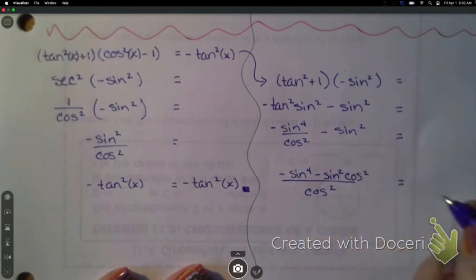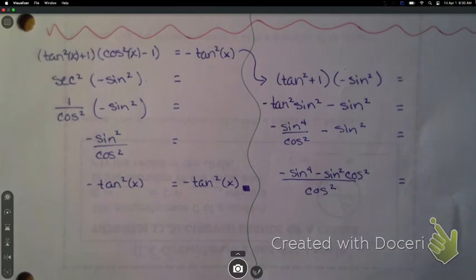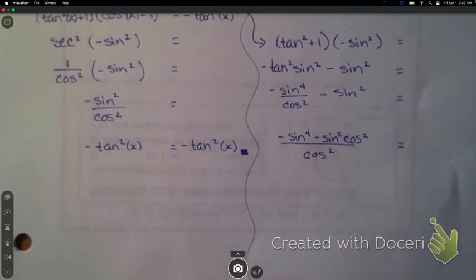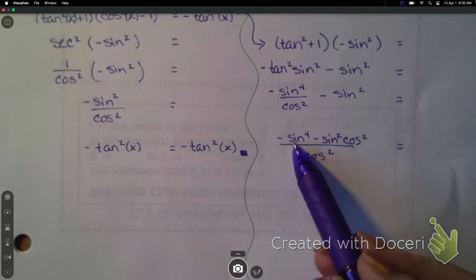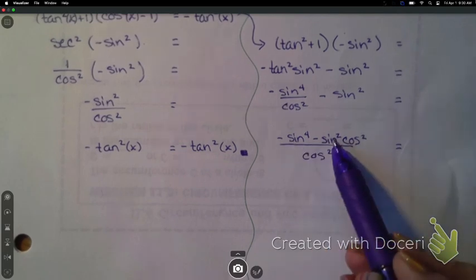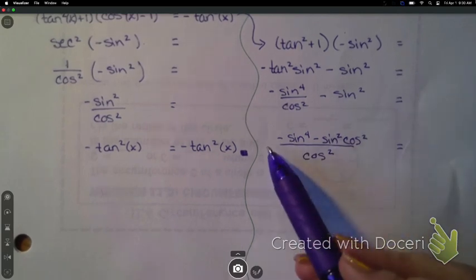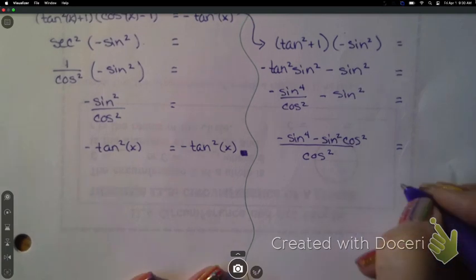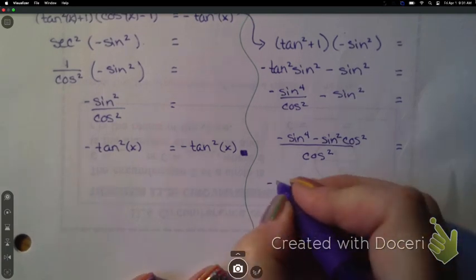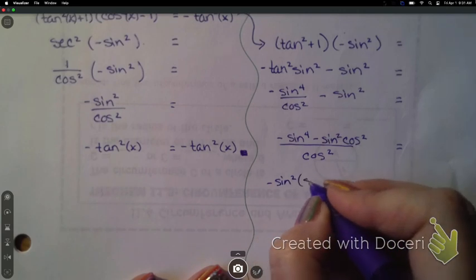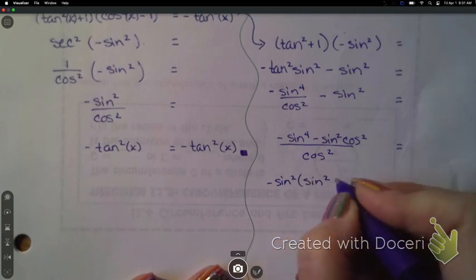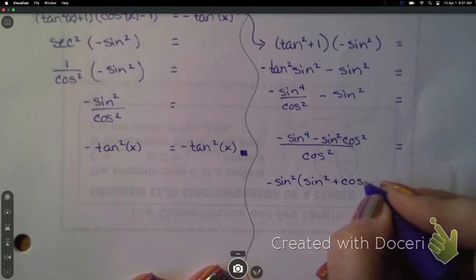Am I making this really complicated? We're just following the math. Now I have a sine squared here and a sine squared here. Probably have to factor out a sine squared. If I factor out a negative sine squared, I would have sine squared plus cosine squared.